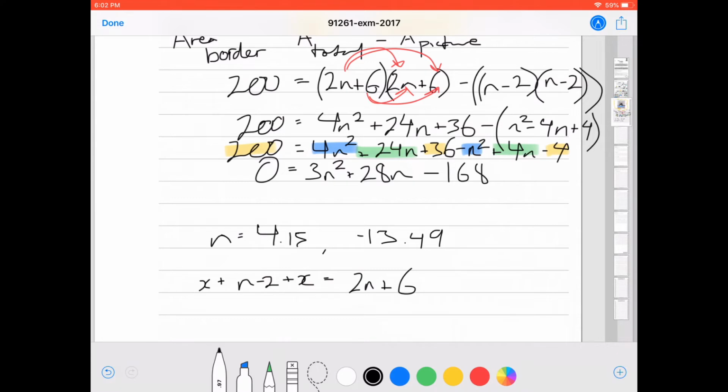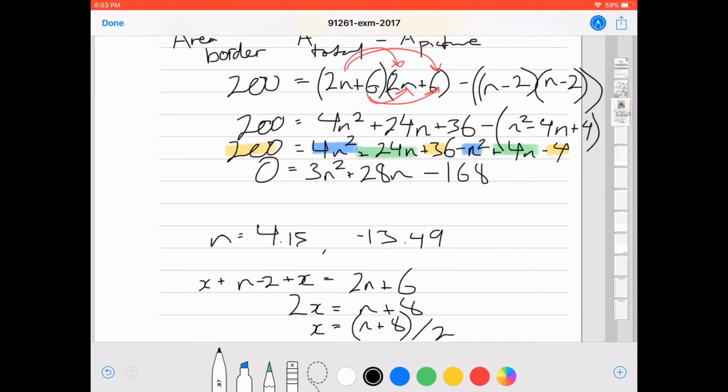And so just tidying this up, I guess we could say x equals, we bring our n minus 2 to the right hand side, so it becomes n, 6 plus 2 is 8, n plus 8, and this is 2x, and so x therefore equals n plus 8 divided by 2.